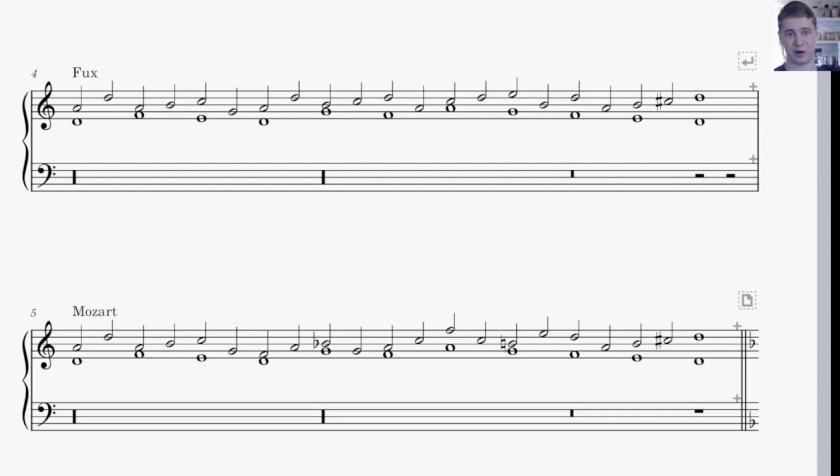But now we really want to be careful in doing this, because the only difference between Dorian and Aeolian, which is our natural minor, is that our 6th degree is natural in Dorian versus flat in minor. In minor, we have a flat 3, 6, and 7. In Dorian, we have a flat 3 and 7. In fact, the natural 6 is what makes the Dorian mode the Dorian mode.